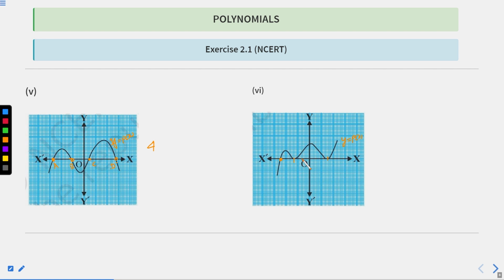If we name these points a, b, and c, then the zeros of the polynomial p of x are the x coordinates of the points a, b, and c. So the total number of zeros of p of x is 3.